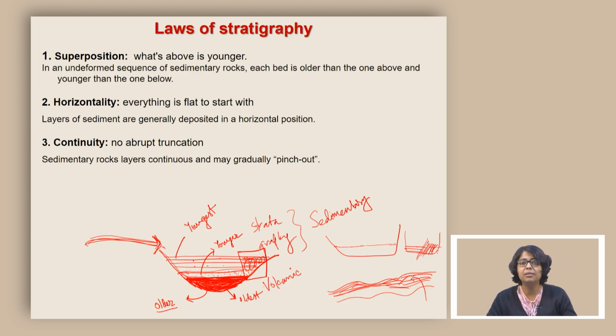And that is the reason we assume that continuity to be the original condition. So, now these are the basic laws of stratigraphy. It is important to understand that these were very old laws and they are mostly applicable to something which we call layer cake stratigraphy.